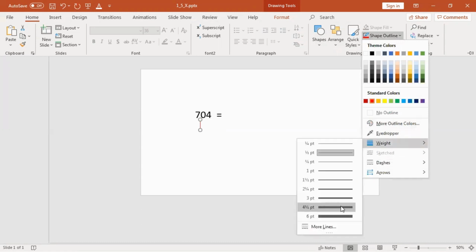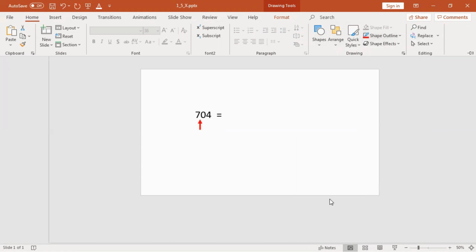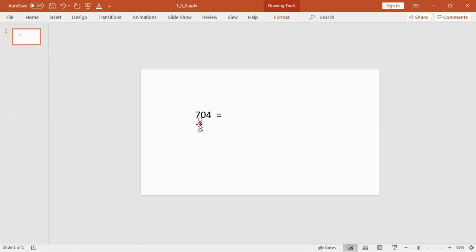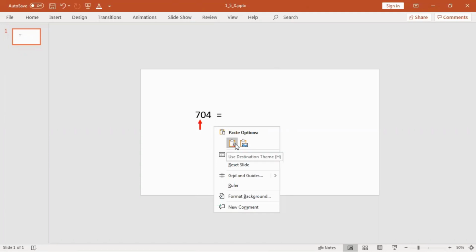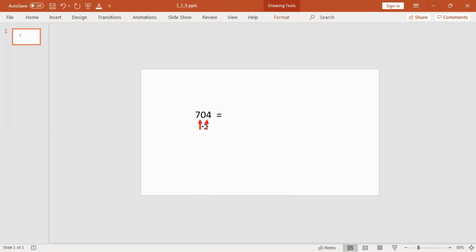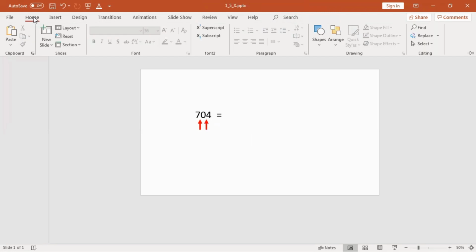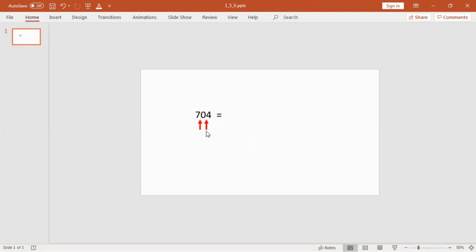Let me just give this extra weight. Maybe I'll put a decimal point in.